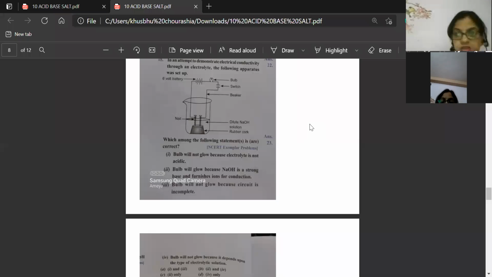Now will you be able to say the answer? The answer is option 2 only: the bulb will glow because sodium hydroxide is a strong base and furnishes ions for conduction. That is the correct answer here.